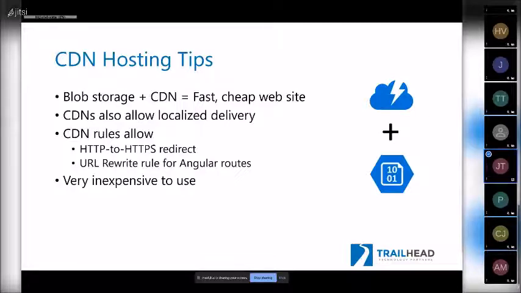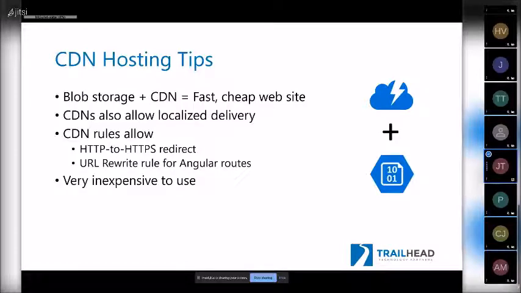You can do custom domains, you can do SSL. Even the CDNs allow you to do redirect and rewrite rules. So for example, if you want to set up your front-end web application so that all the HTTP traffic gets redirected to HTTPS, you can set up a very easy rule that does that.